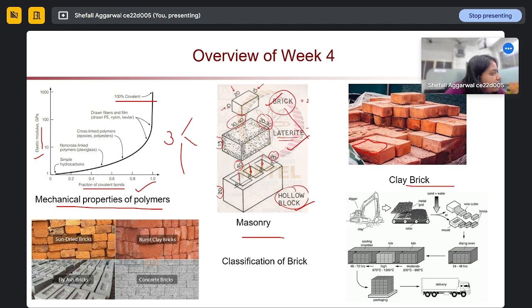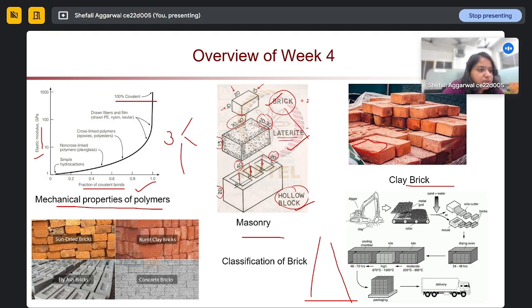After molding, we dry it, and after drying, it is kept in the kiln. It is a very big kiln. I think you might have seen that photo in the first lecture already. We keep it in the kiln, then cool it, and then deliver it. That is the normal mechanism of how a clay brick is formed.